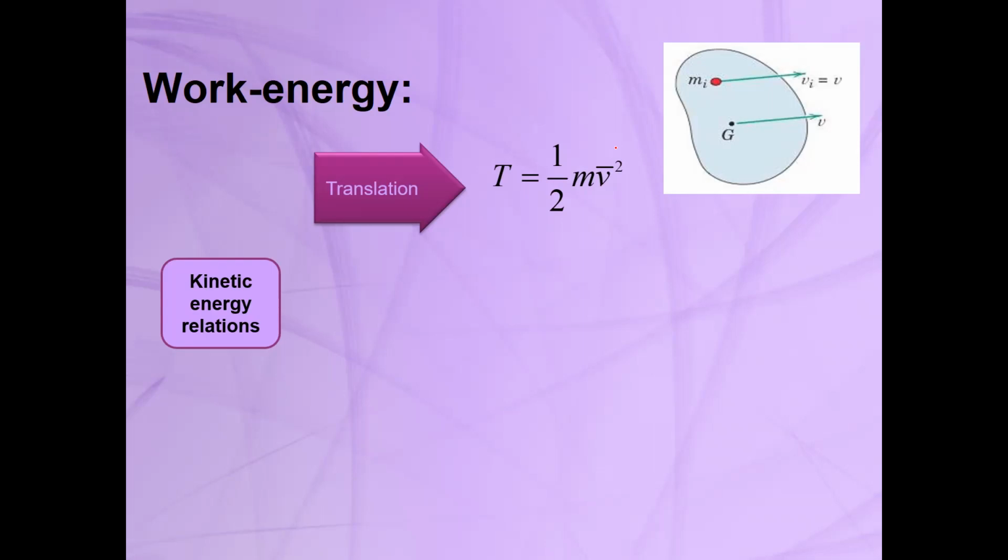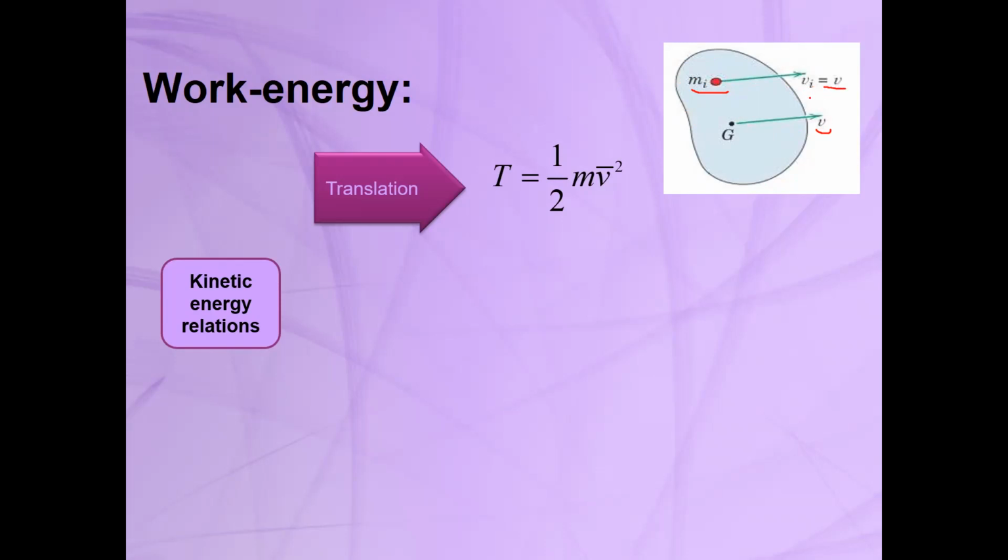The first case is translational motion. In translational motion, you can see this rigid body is translating with a velocity v. This v is the velocity of each point. If you assume this is m_i, one point on this rigid body, the velocity of this point is again equal to v.